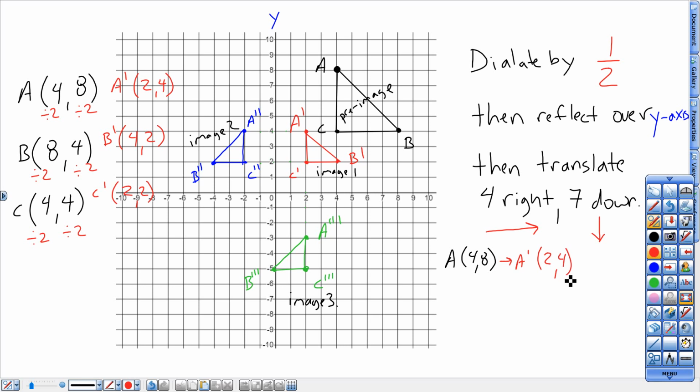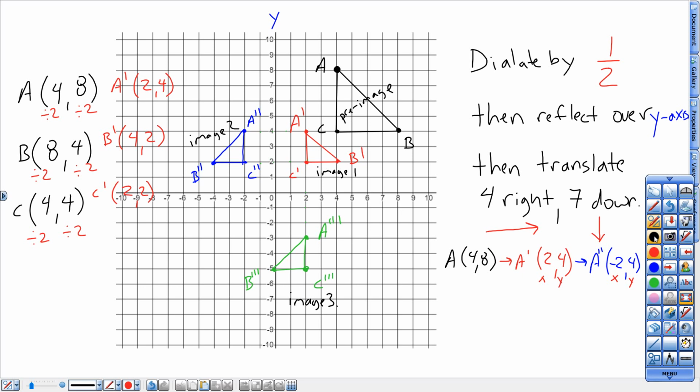And then when I reflected that over the y-axis, the new A double prime had the same number for y, but the opposite number for x. That's how reflections work. If you reflect over the y-axis, the y number stays the same, but the x one opposites. If you reflect over the x-axis, the x stays the same, y opposites.